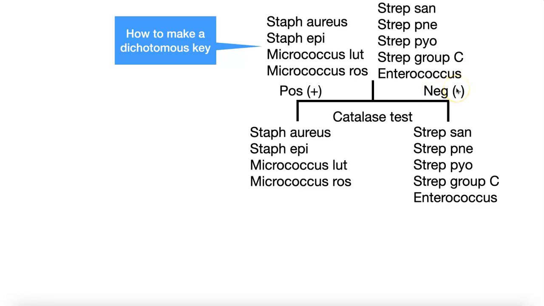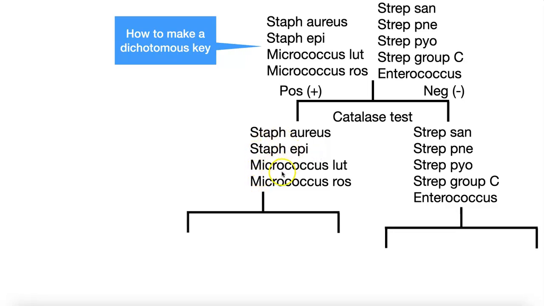And once you have either of those results, you can narrow down what the potential list is going to be. So if you see bubbles and you conclude it's positive, you have one of these 4, and you can't have one of those 5 because those are always negative. But by contrast, if you don't see bubbles, then the bacteria are negative for catalase, then you have one of these 5. And so with each test that you perform, you should narrow down and reduce what your potential bacteria could be.